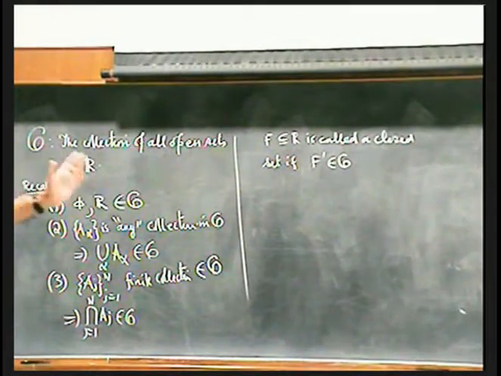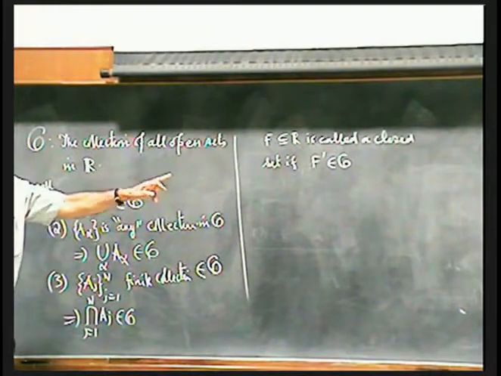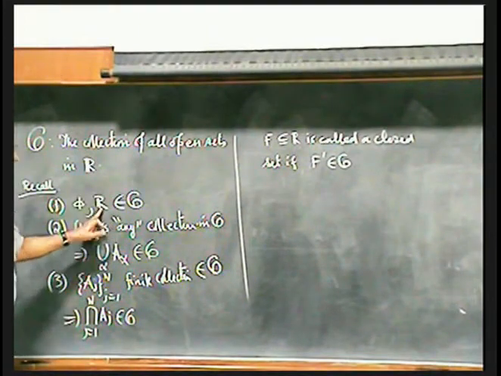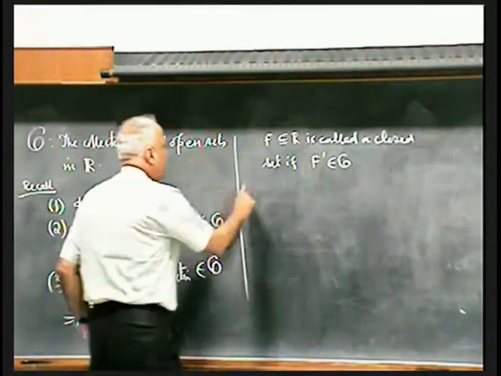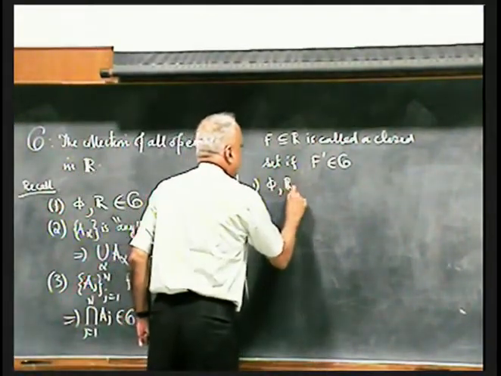And therefore the dual results must be available. If this is open, its complement must be closed. So phi and R are both closed.